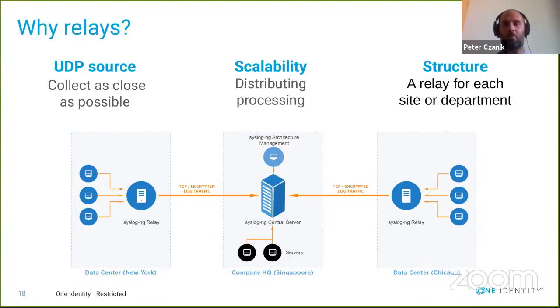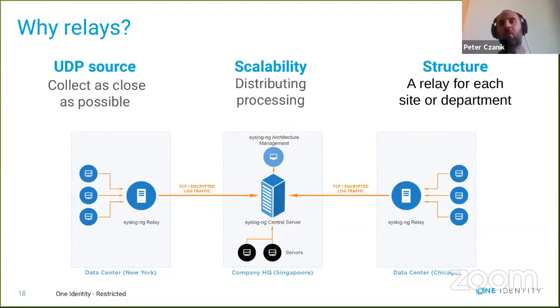It's also scalability. If you have many hosts to collect messages from, then you can distribute parsing and filtering of these messages to the relays, and it also gives structure to your network, so you can put a relay to each of your departments or each of your geographical locations and collect log messages there and forward to the central server.